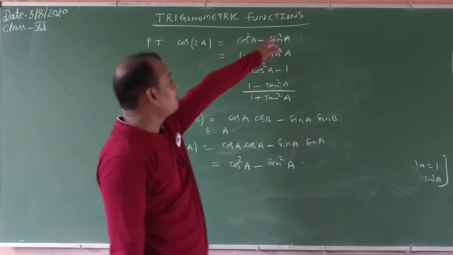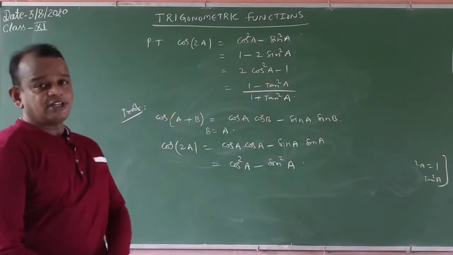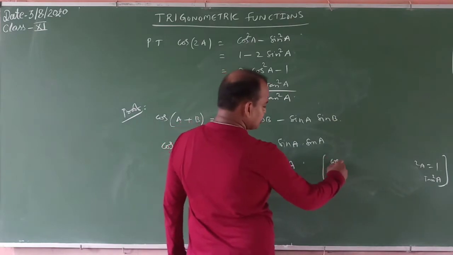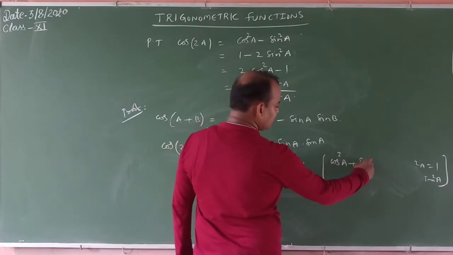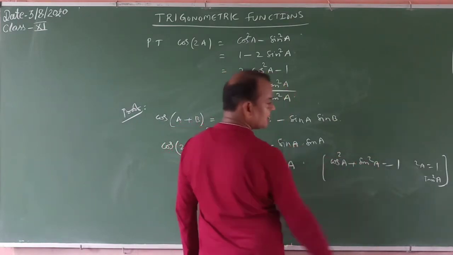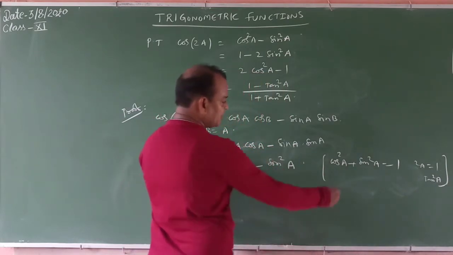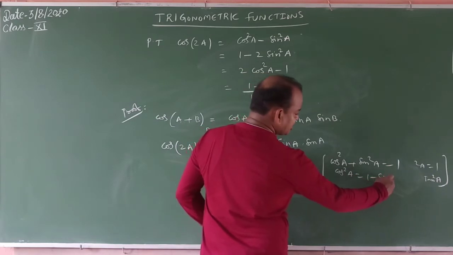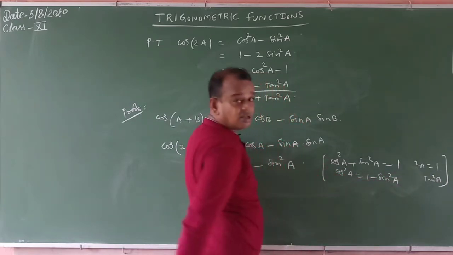First one is completed. After that, from the identities you know very well, there are so many formulas. Cos square theta plus sin square theta is equal to 1. From here, cos square A plus sin square A is equal to 1. From this one, cos square A is equal to 1 minus sin square A. Say yes or no?